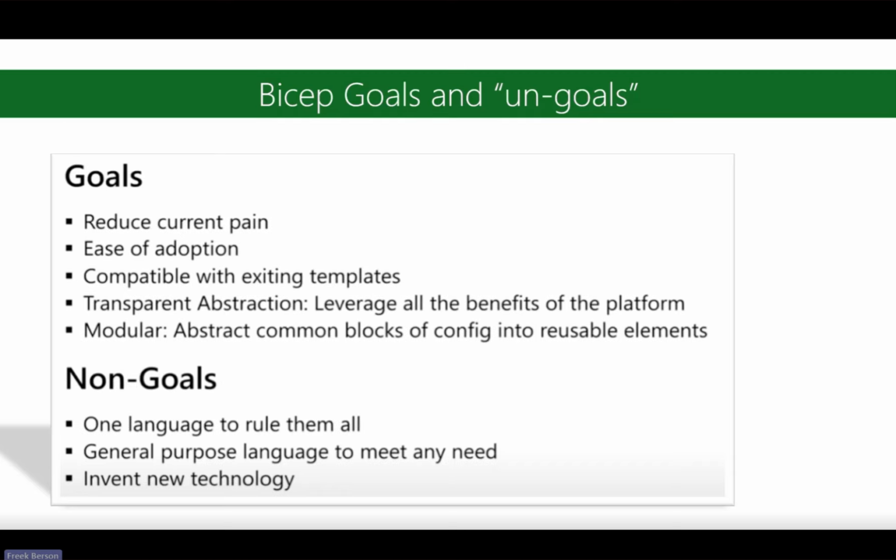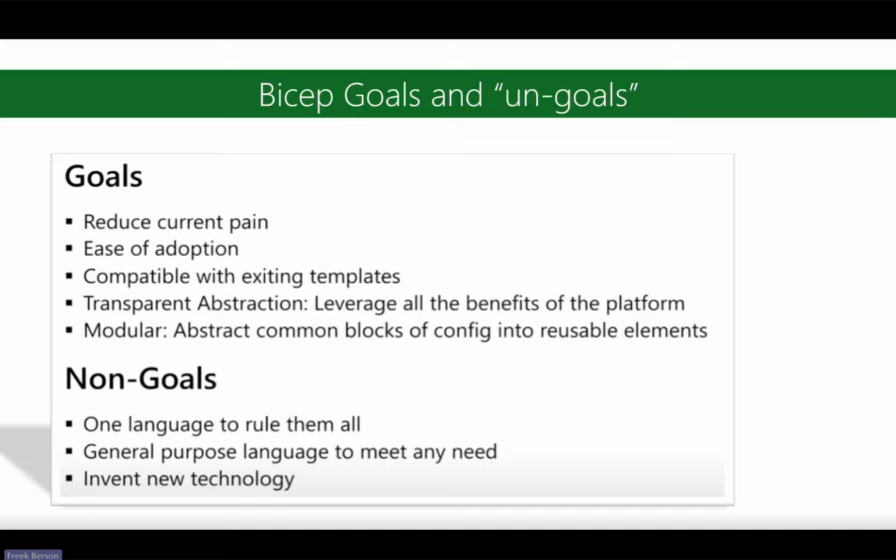But they basically said the 5 goals we'll have is we're going to reduce the current pain. And by current pain, they obviously mean the complexity of JSON templates with the coding complexity and the code overhead and things like that. As a result, we're going to ease the adoption, but we also want to make sure that we're compatible with existing templates.